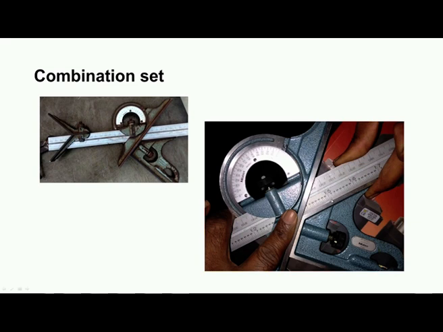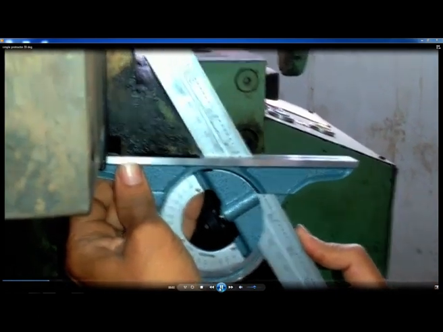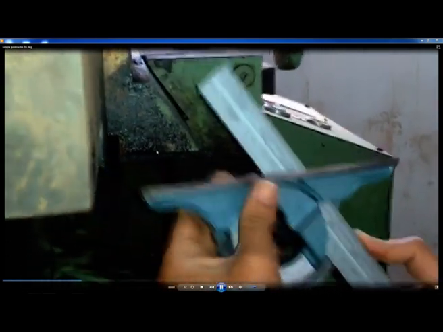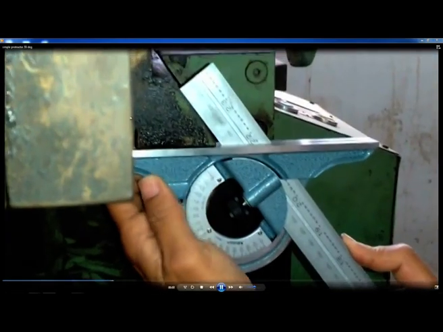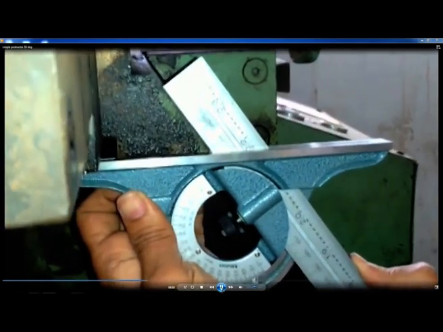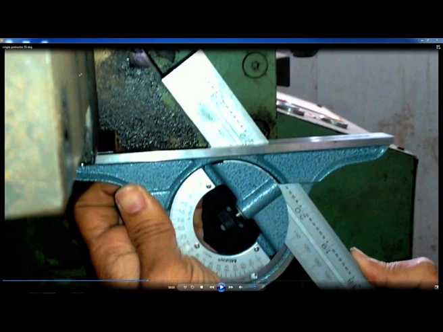Now, we shall conduct a simple experiment to show how to use a combination set for the measurement of angle. Now, we can see I am trying to measure this guide way, the slide of the ram of a shaper.